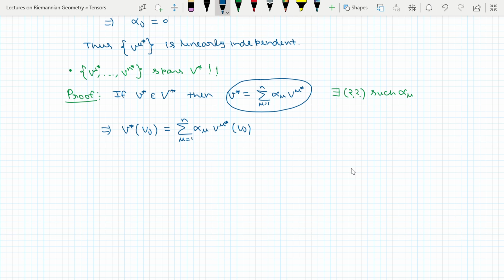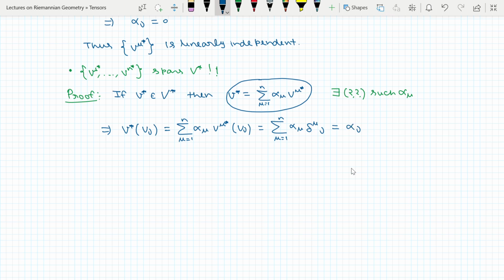And just like we did above, V mu star operating on V nu will give you delta mu nu. For all mu not equal to nu, this will be 0. The only value that matters is mu equals nu.